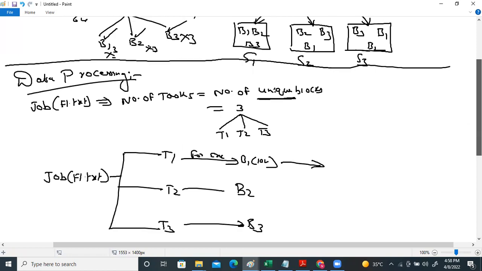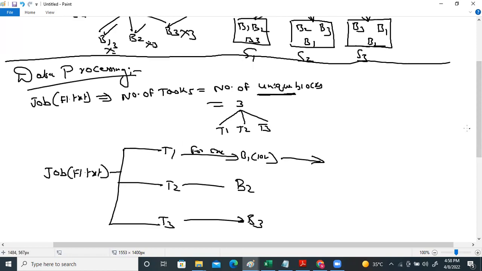Slave 1. Slave 2 can also execute. It can also slave 1, slave 3.